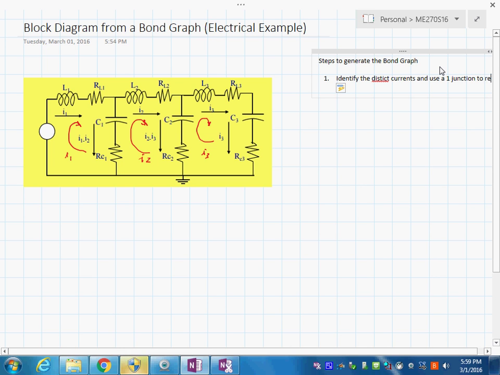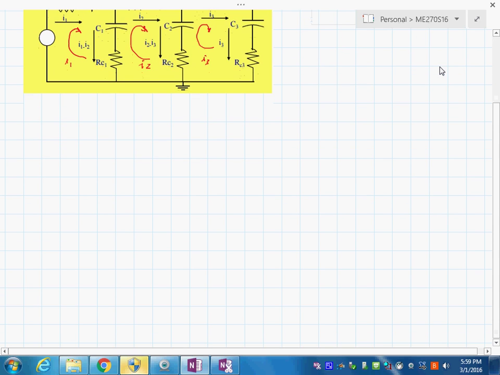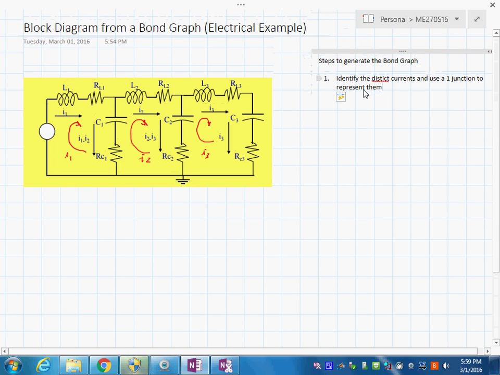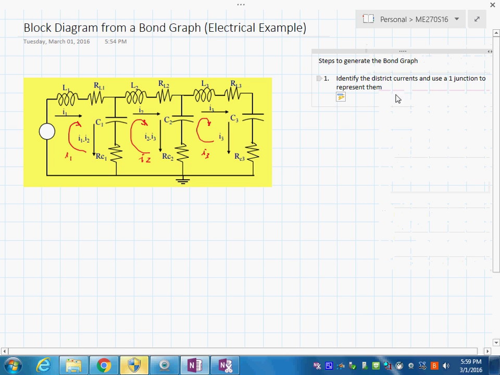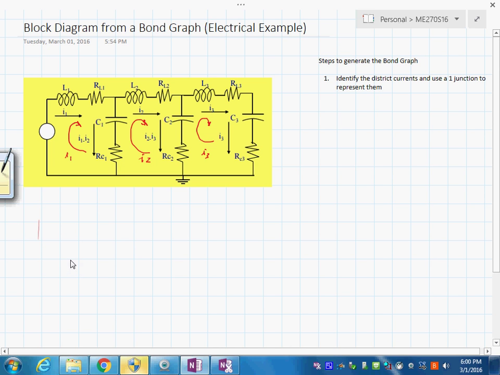Let's put our 1 junctions over here. This is going to be a 1 that represents I sub 1, a 1 that represents I sub 2, and a 1 that represents I sub 3. So we have done step number 1.